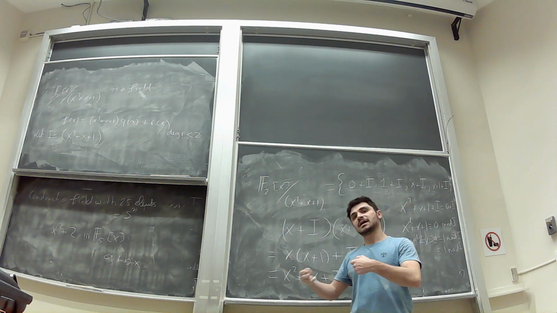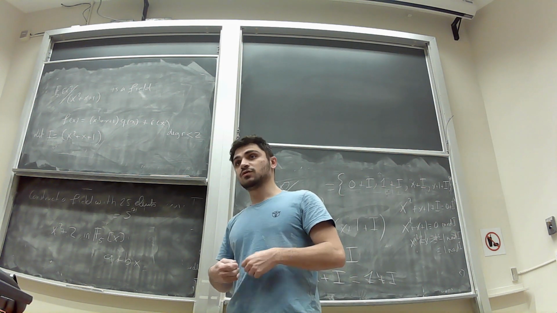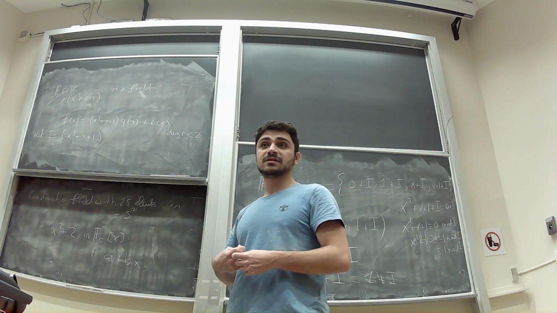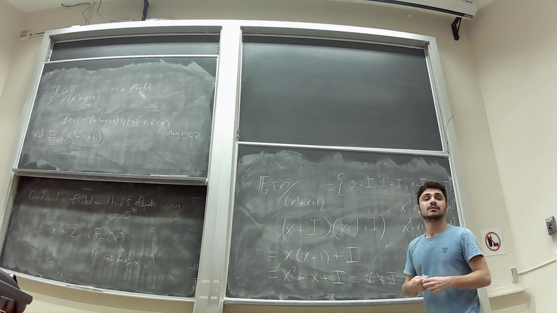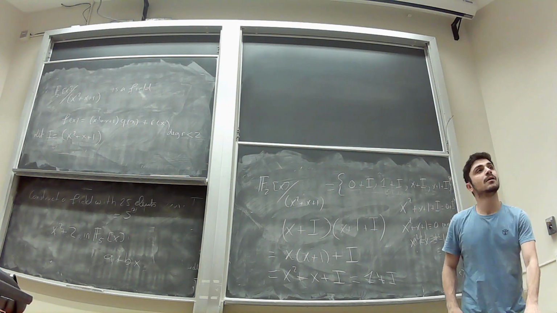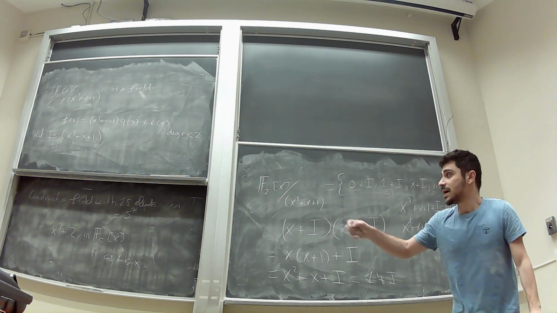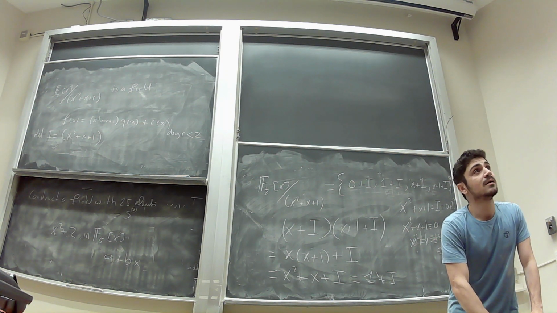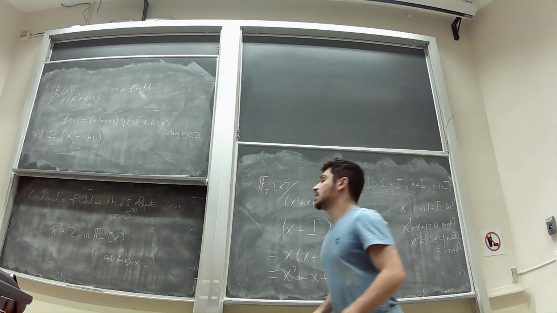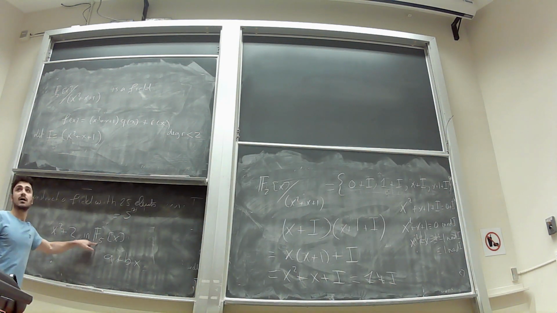So you mean why can't an element be congruent to two different linear polynomials? That's unique because the remainder is unique. Take any element in F5[x] and do the Euclidean division by x squared plus 2.